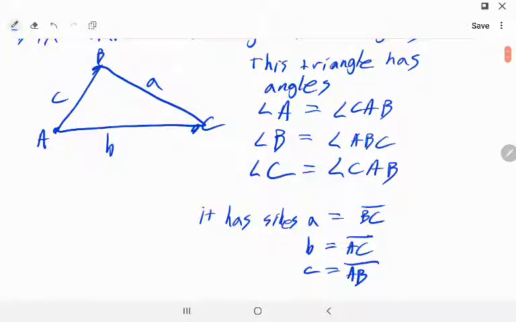We also notice that we could decide to name the angles with Greek letters. We'll sometimes use things like alpha, beta, and gamma to indicate angle measures.